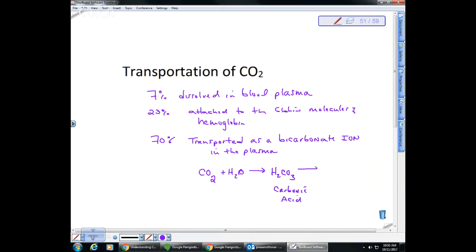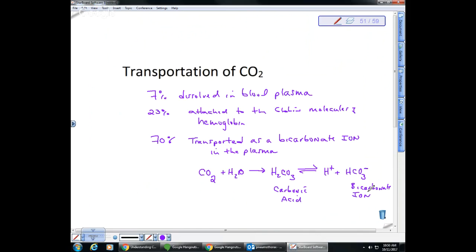This then disassociates as a weak acid into hydrogen ions plus bicarbonate ions. So this is my bicarbonate ion. This kind of goes back and forth. This also goes back and forth, but not easily. It actually requires an enzyme.